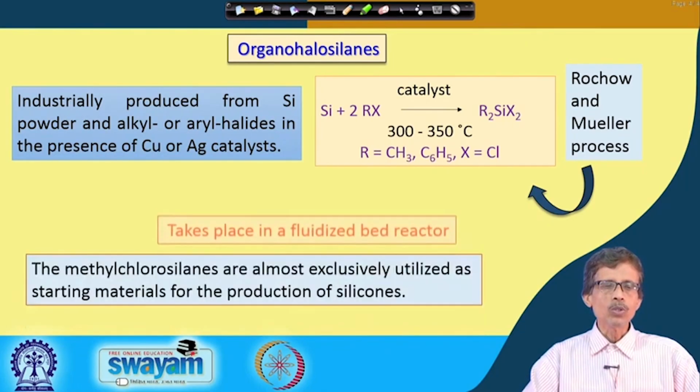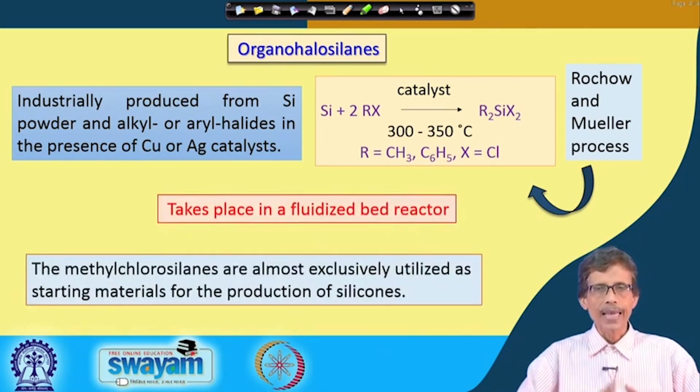This particular reaction is a well-known one. Earlier we came to know that the reactor is known as a fluidized bed reactor, since a fluid is passed through it, and it can be utilized for the production of this type of organohalosilanes.